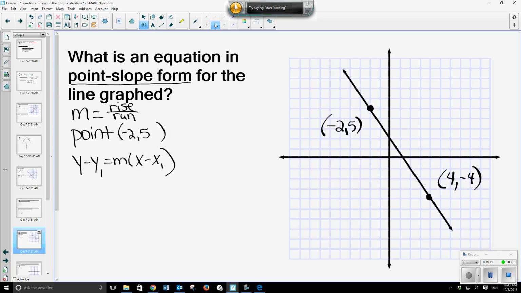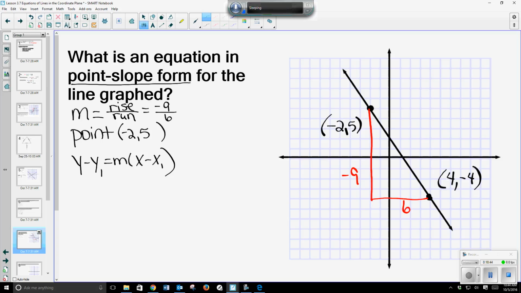So from one point to the other, and I can even pick different points if I don't want to use the 2 that are over here. Make your triangle. 1, 2, 3, 4, 5, 6, 7, 8, 9. It's -9 because you go down from one point, and then you're going to the right, which is in the positive direction. 1, 2, 3, 4, 5, 6. So rise is -9.